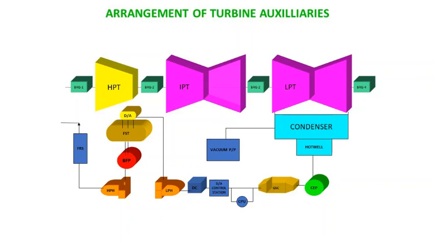We find that the turbo generator itself is placed at a certain elevated level, the elevation where we have control rooms and where we can have access to the connectivity for different bleeding arrangements, as well as to accommodate the condenser at the bottom of the LP turbine.